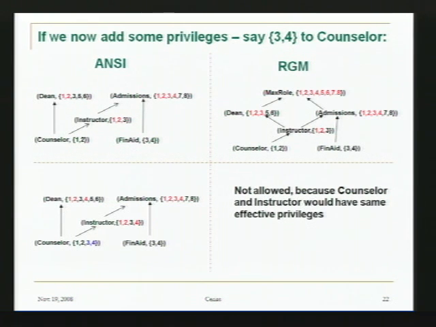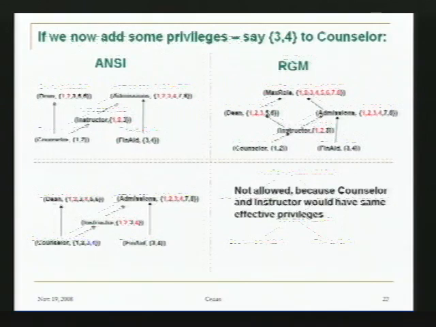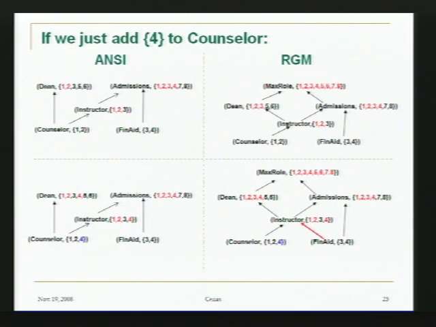And so we would reject the addition. All right. Now, if we look at just inserting one of those two permissions into the counselor role, the role graph model can handle that, but then we discover that the financial aid role is a proper subset of it, so we draw that red edge in the bottom right of the picture. And I guess I should have deleted this edge here, but that's fine.